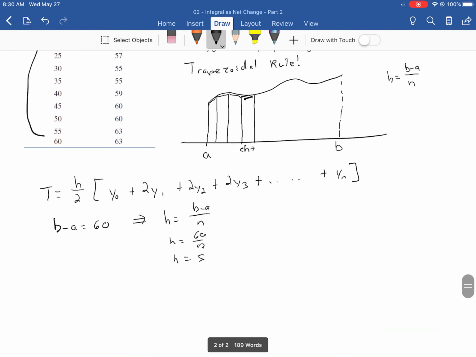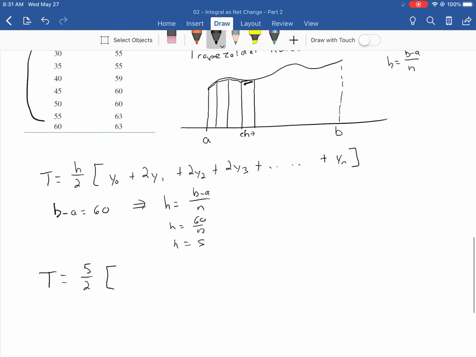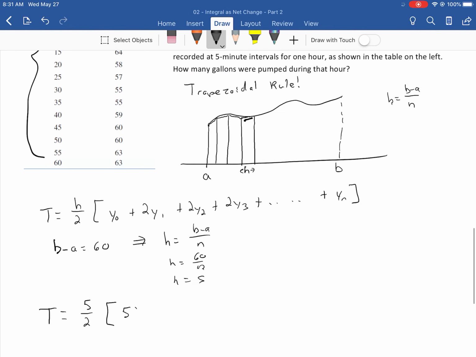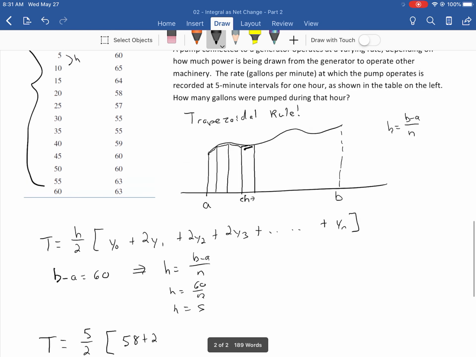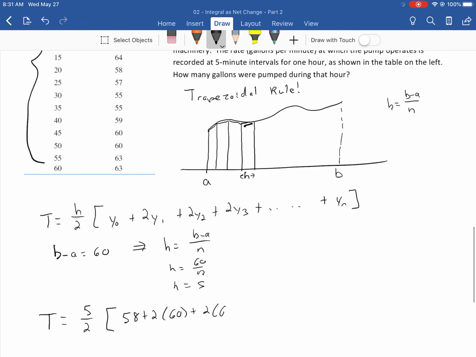Total area equals 5 over 2. I calculated that h already. And then now I need a y0, which was 58, plus 2 y1s, which was 60s, plus the next one, which was 65.